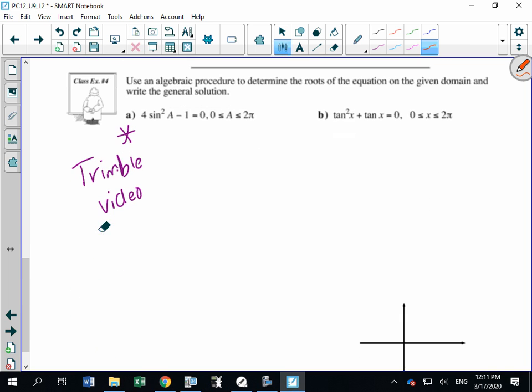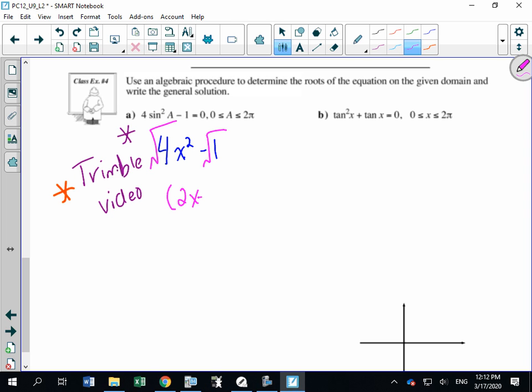Let's keep plugging along. Class example number 4. I'm going to skip A. Watch his video to get the full worked out solution. But just to show you, 4x squared minus 1. If you were to factor this, you should be seeing that this is a difference of squares.